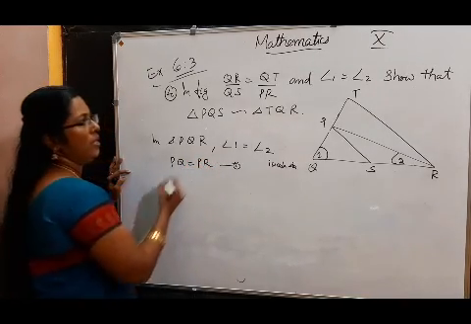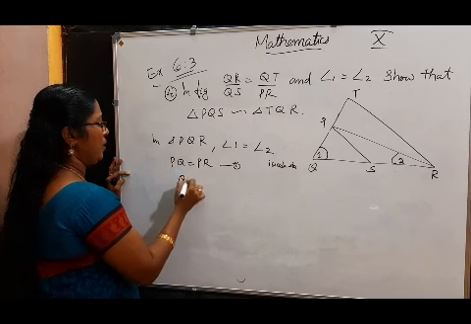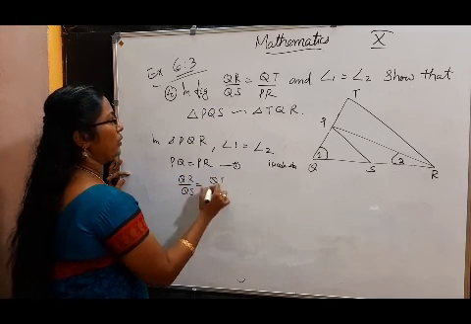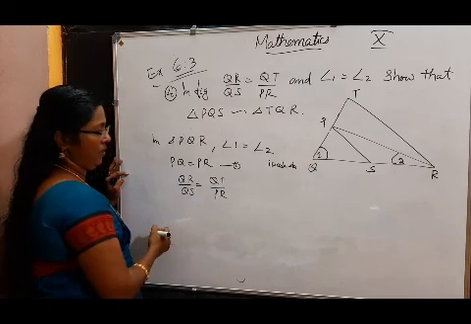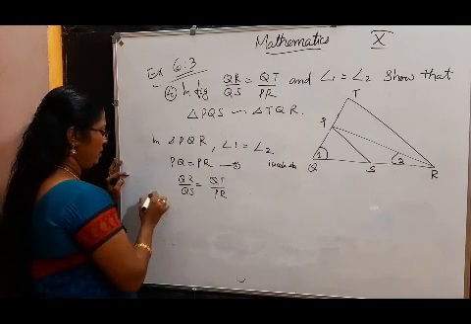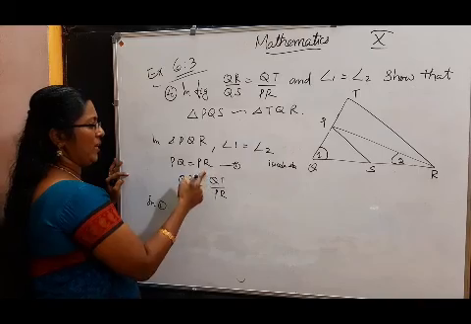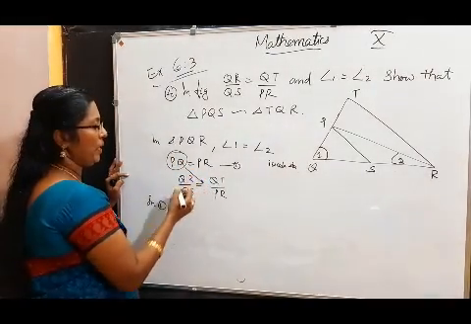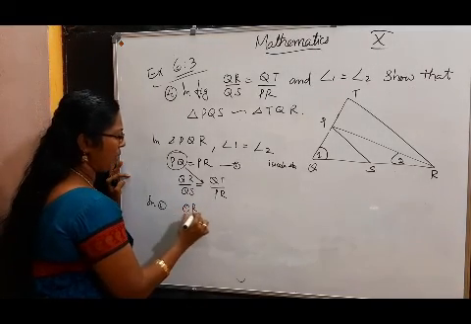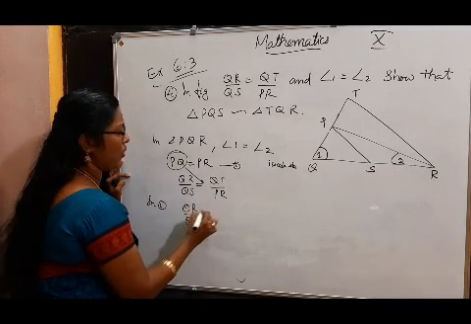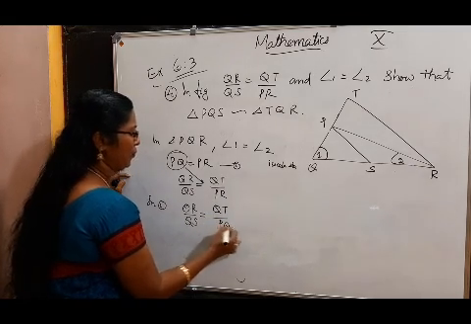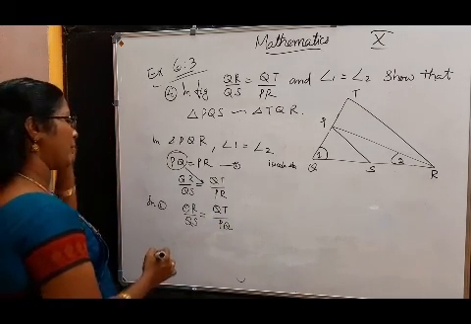Equation number 1. And what is given? QR by QS equals QT by PR. From 1, what is PR? It is PQ. Instead of PR, we can substitute PQ. So QR by QS equals QT by PQ.